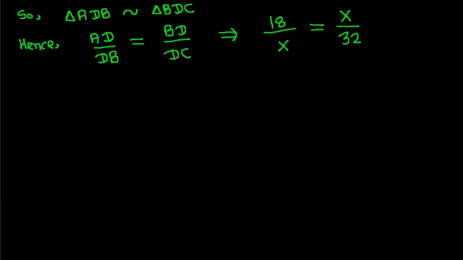and if we cross multiply, then 18 times 32, it will be X times X, and 18 times 32 is X square.